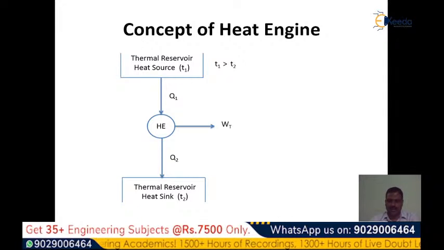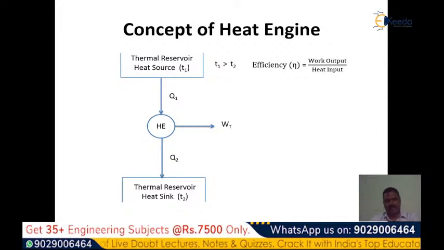That spontaneously takes place, and the performance of a heat engine can be studied by understanding the efficiency of the heat engine. That is, efficiency is the work output divided by heat input. Here in this case, work output is this WT, so WT divided by heat input, which is Q1.